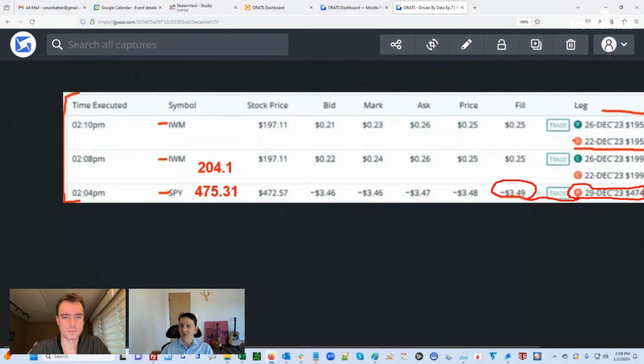On the 29th, SPY expired at 475.31, so above the put, and we got to keep all that profit. So we're doing really well on these short puts, even though I don't like selling short puts. This particular trade is doing all right. And again, if you forget, you can go back and look at our wheel video. But this is an interesting strategy.